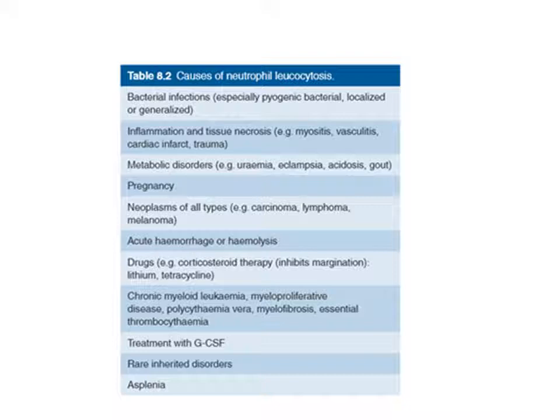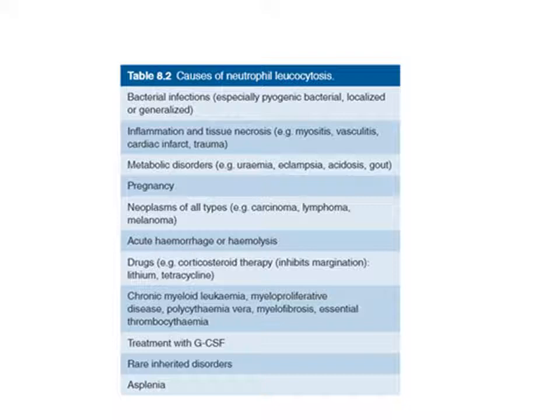Some drugs like corticosteroid therapy, as we have discussed, inhibit margination, so the white cells do not leave the peripheral blood in due time. Lithium and tetracycline may also be responsible. Chronic myeloid leukemia or myeloproliferative diseases: CML, polycythemia vera, myelofibrosis, essential thrombocythemia. In all these conditions, we can see high TLC.